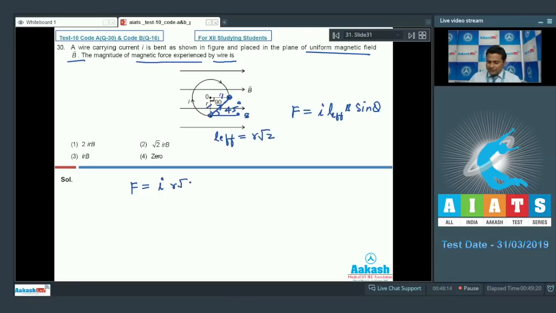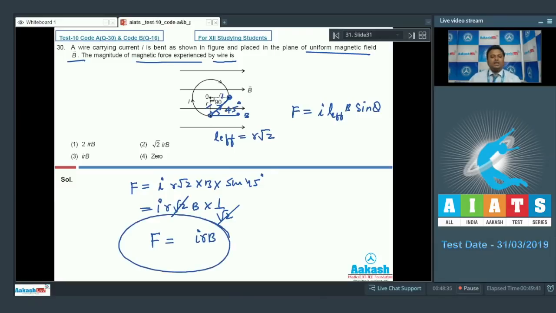So I R under root 2 multiplied by B multiplied by sine 45 degree. Sine 45 gives you 1 upon root 2. Root 2 cancels out. The force magnitude you have got is I R B finally.